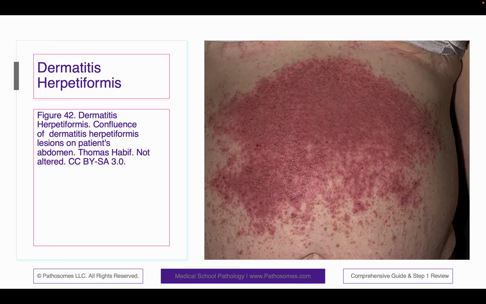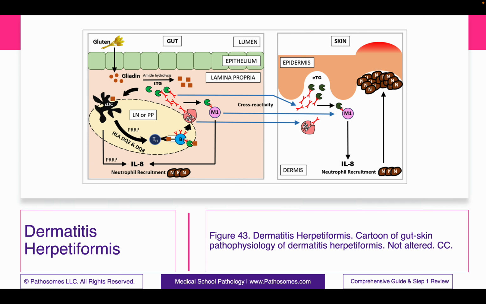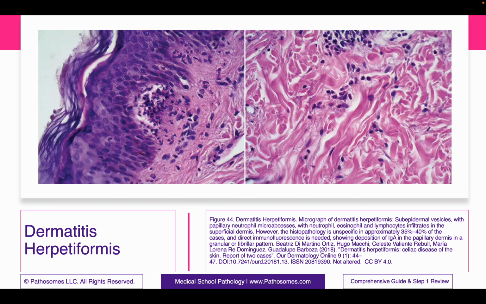Here we have a picture of a patient with confluence of dermatitis herpetiformis lesions on the abdomen. And here we have a cartoon showcasing gut-skin pathophysiology associated with dermatitis herpetiformis. And an H&E micrograph of dermatitis herpetiformis. Note the subepidermal vesicles with papillary neutrophil microabscesses.